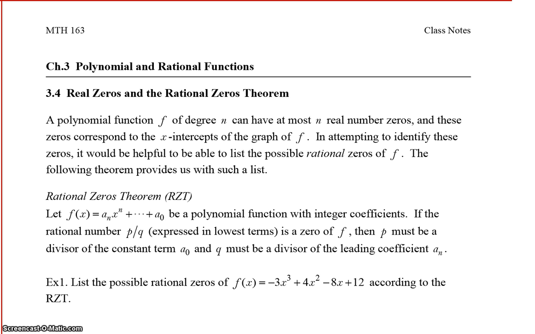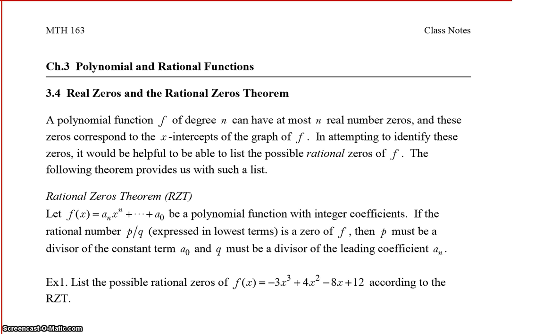Let f of x equal a_n x to the n, that would be your leading term, plus some other terms, plus a constant term, a_0, be a polynomial function with integer coefficients. Now that means that the a's have to be non-fractions. That is, numbers such as 1, -1, 2, -2, 3, -3, and so on.